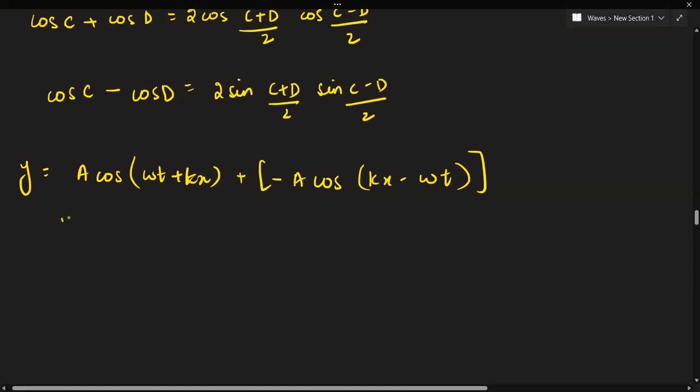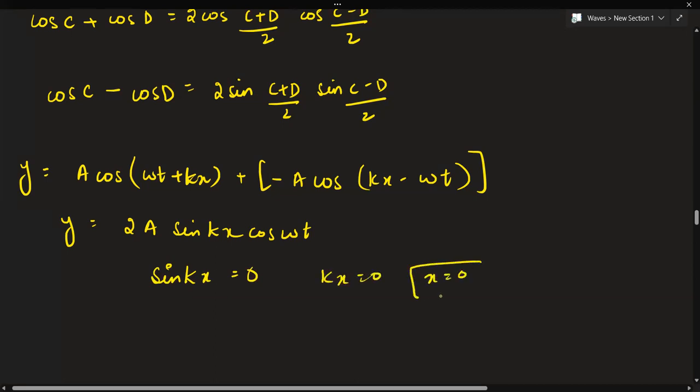When I'm adding up, see, y will be equal to 2a sin kx, and then cos omega t will also be there. So see, sin kx is equal to 0 over here. Sin kx will be equal to 0, so kx will also be equal to 0 and x will also be equal to 0. And that is what we require.